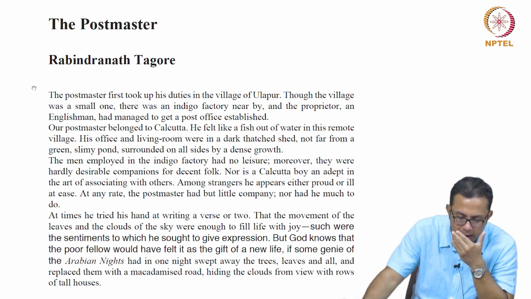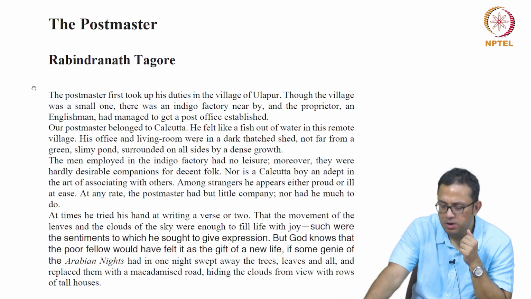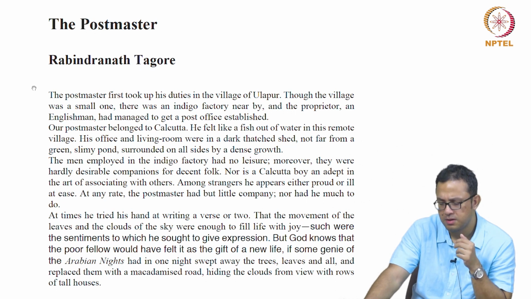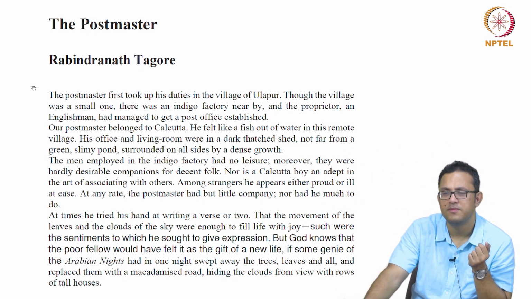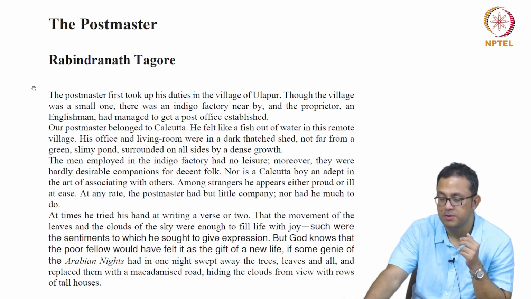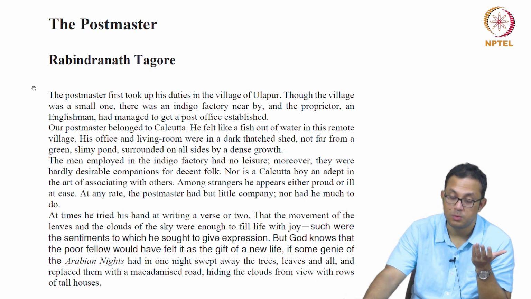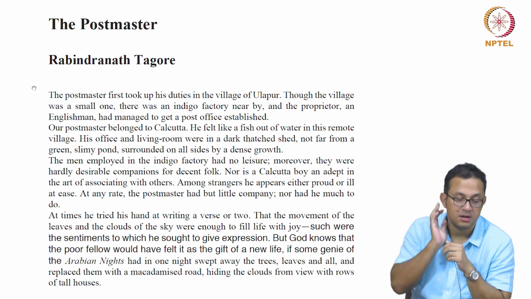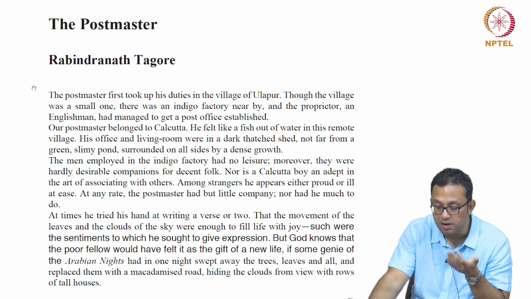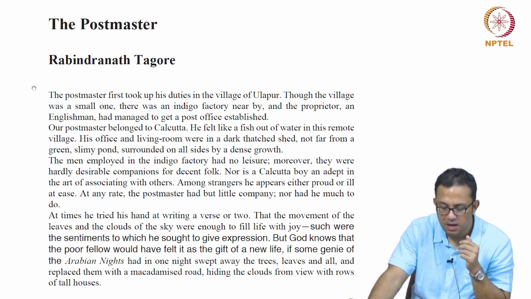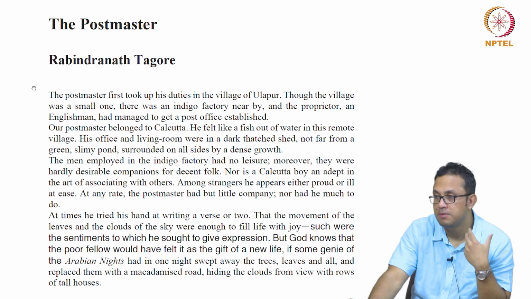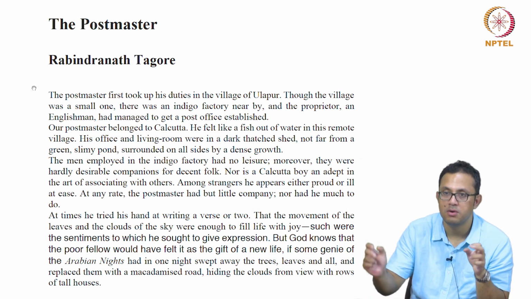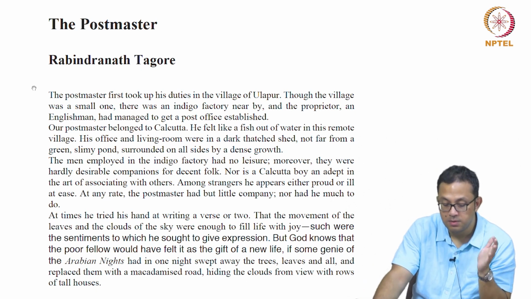And that's an interesting presence in this particular short story, because we are told that he's very, very unhappy in his job. He's very unhappy as a person in the British payroll, working in a very alienated and lonely post office in the middle of this place called Udaipur, and he's trying to write poetry, he's trying to write short fiction based on his experiences with nature, but then in his heart he hates everything, and he longs for things such as macadamized road, which is to say, roads which are built with proper cement, roads which are built with proper tar, or pakka road, as the British would say it, and then rows of tall houses.